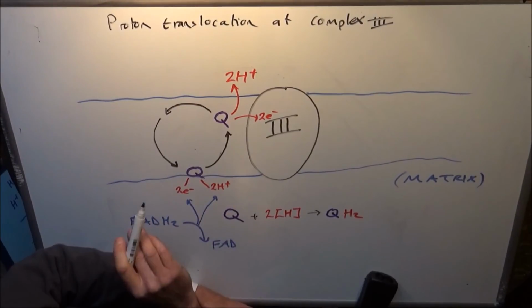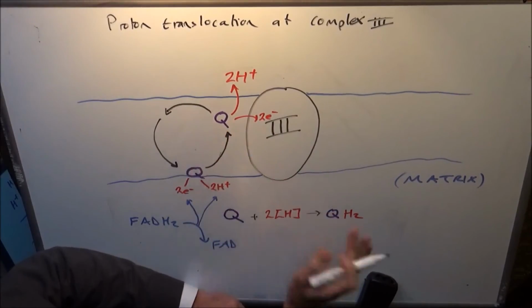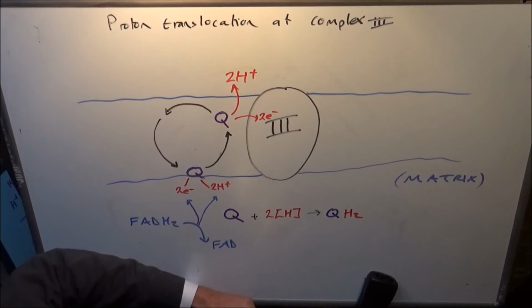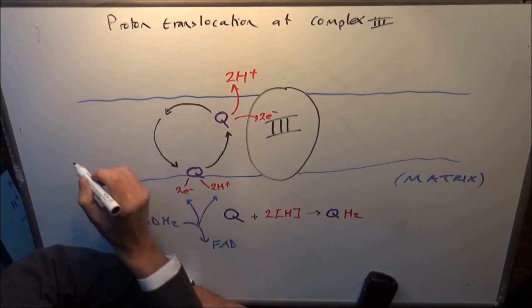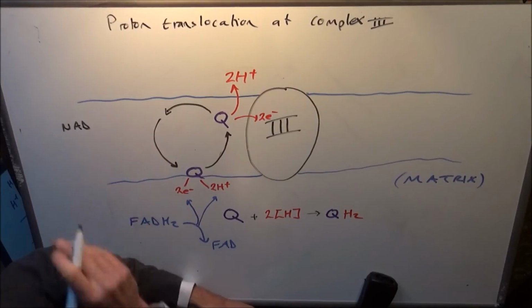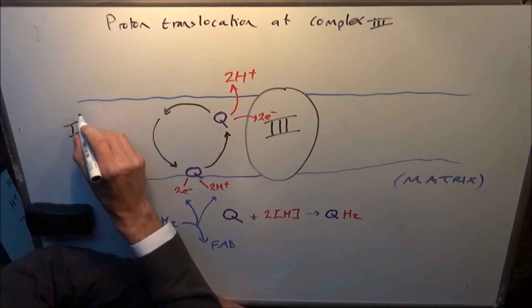It's a lot more complicated than this. The electrons are transferred one at a time, and you get the half-reduced version of this called the semiquinone, which does a loop as well. And of course, Q is also reduced by complex 1. Well, you've got complex 1 over here.